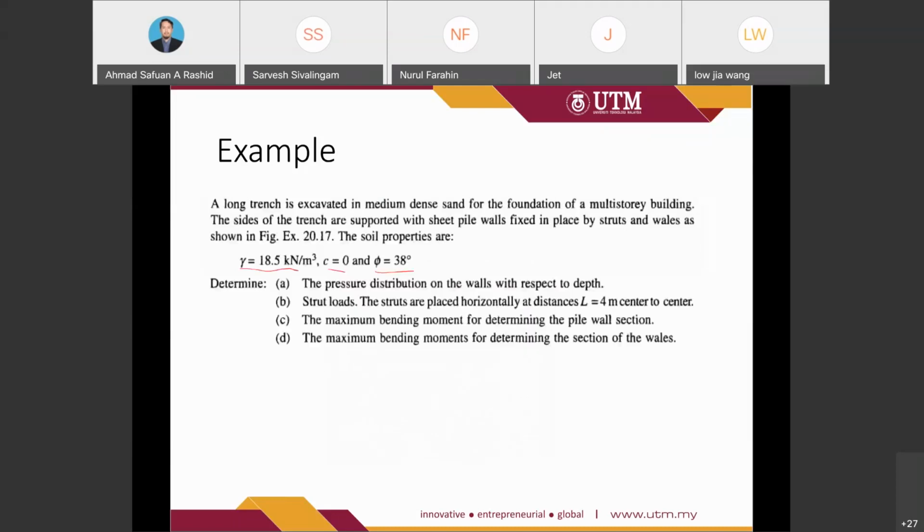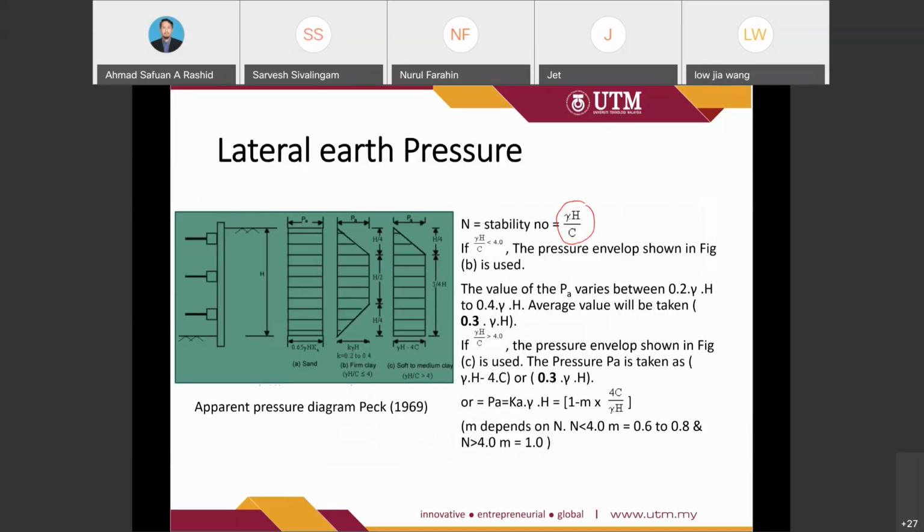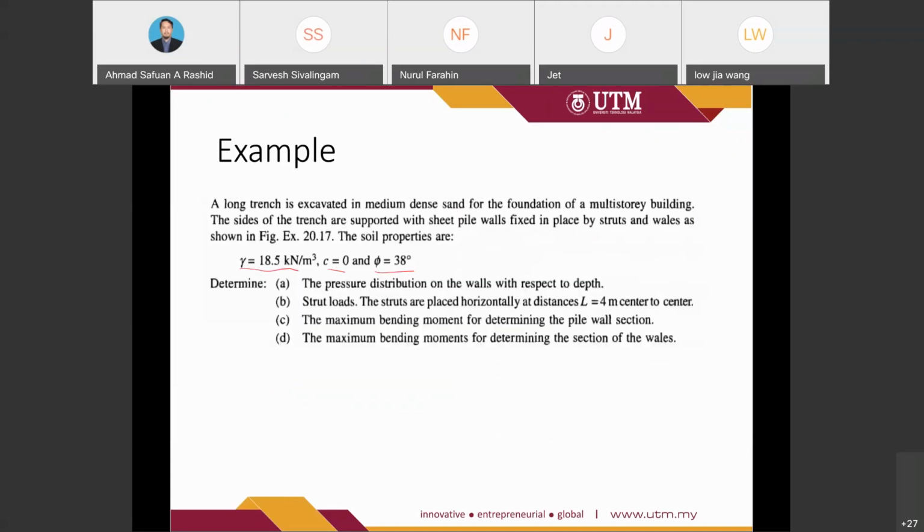So before we begin, we need to look at the distribution diagrams here. Okay, because it represents the sand, we may use the A distribution diagram, which is to get the pressure. It represents the sand, so we may use 0.65 times unit weight times H times Ka. So that is the formula that we use.